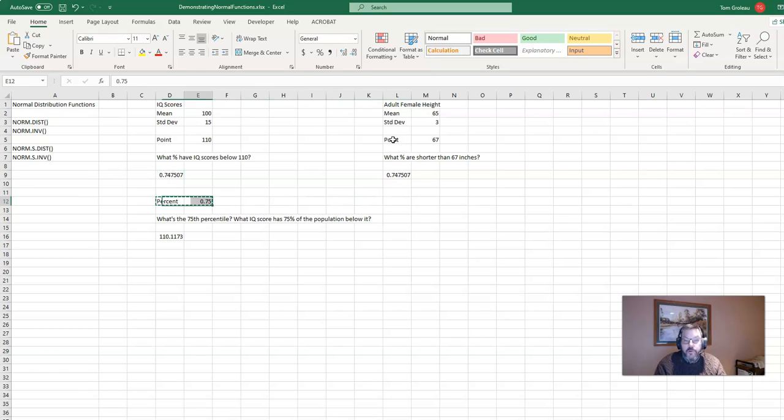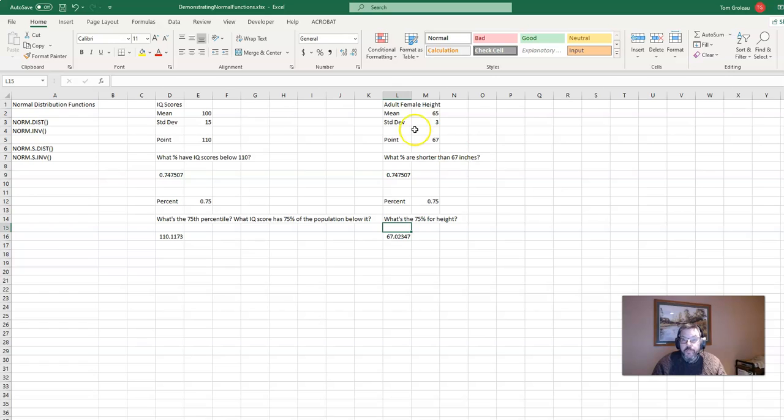And that is not a coincidence that I came up with the same number. I chose those numbers on purpose, so I would get the same numbers in both places.